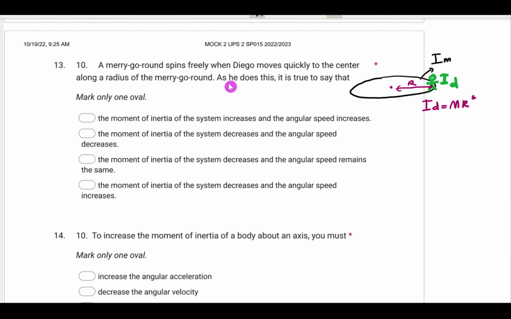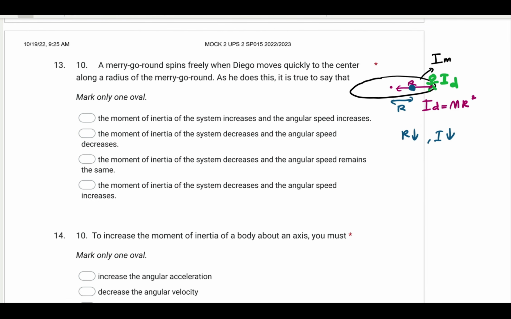But what happened when Digo moves quickly to the center? Okay, you boleh cubalah kalau ada boleh jumpa kat mana-mana merry-go-round, dia pergi dekat sini, kat color biru ni. So you can see that R here is decreasing. Sama macam tadi, when R is decreasing, I is decreasing.